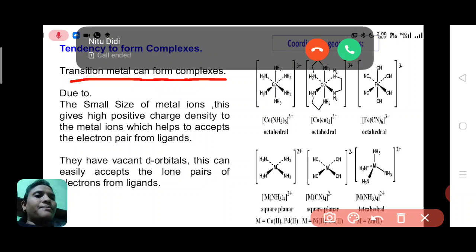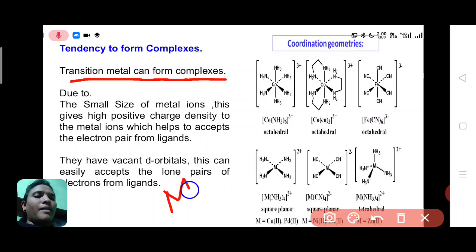When these transition metals form cations, their size decreases again. When the size decreases, their positive charge density also increases.